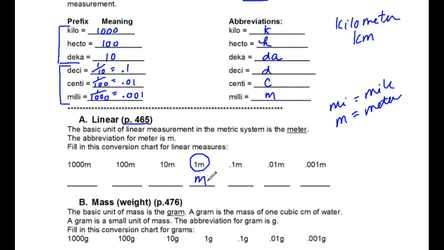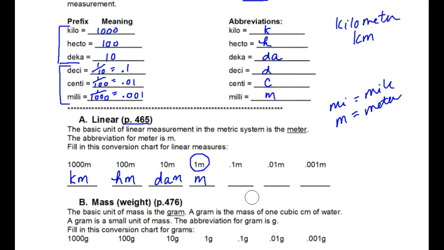If I take 10 of those, it's called a decameter, and it's abbreviated DAM. 100 of those is a hectometer, and 1,000 of those is a kilometer.